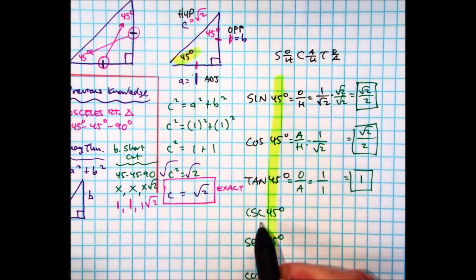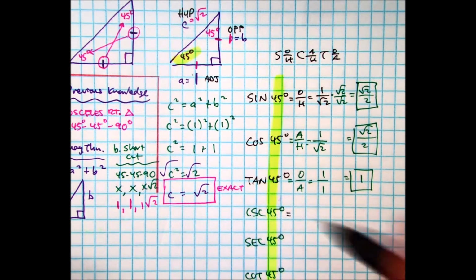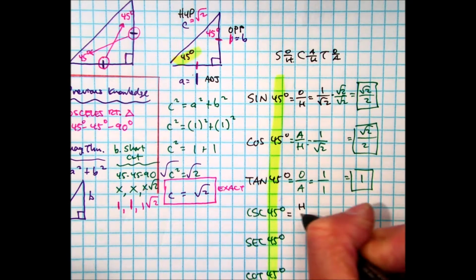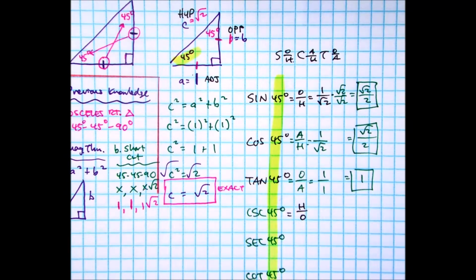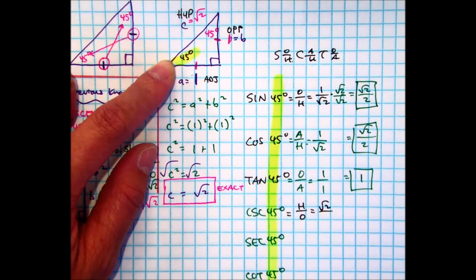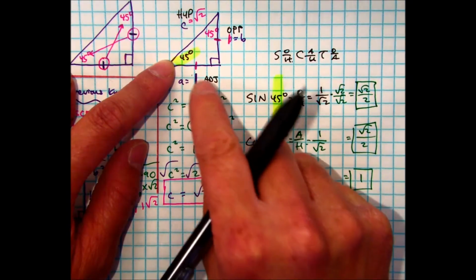Boys, what two sides are cosecant? Hypotenuse and opposite. Hypotenuse over the opposite. Boys, how much is the hypotenuse? Radical 2. Boys, how much is the opposite? 1.